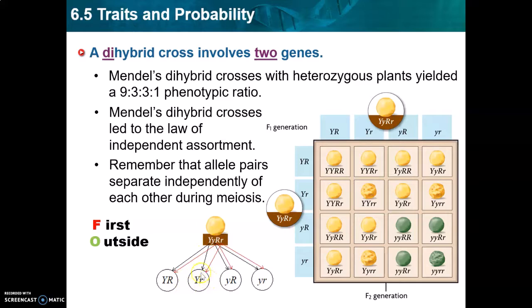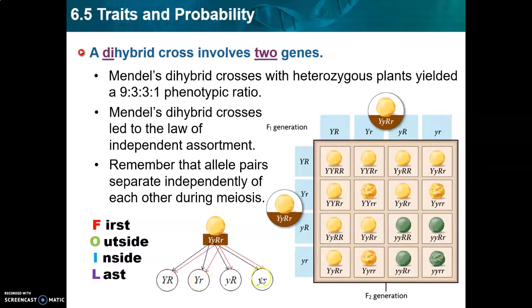And that's our second possibility. I for inside. Our inside Y and our inside R would be lowercase y, capital R. Here's the third possible gamete. And finally, last, take the last Y and the last R, and you get both of them as being lowercase. So that would be recessive y, recessive r.